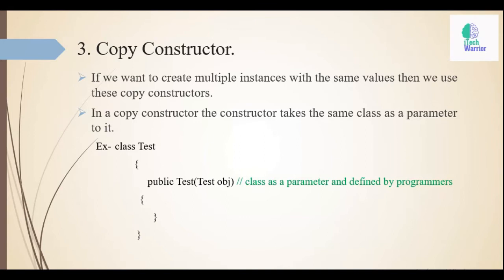So this is a small example here: public Test constructor, and in the parameter we define the class inside the constructor. So this is the class as a parameter, defined by the programmer.